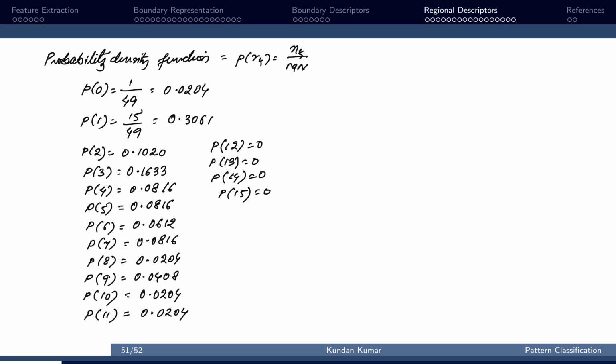Okay, so you can verify all these probability values for different intensity levels.